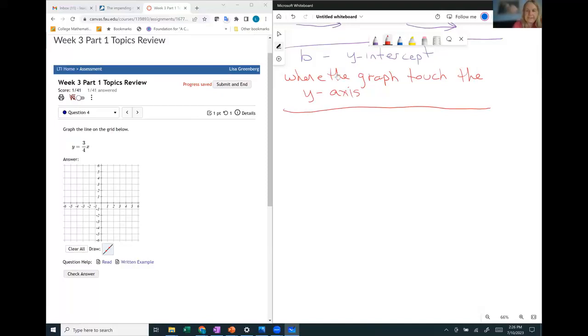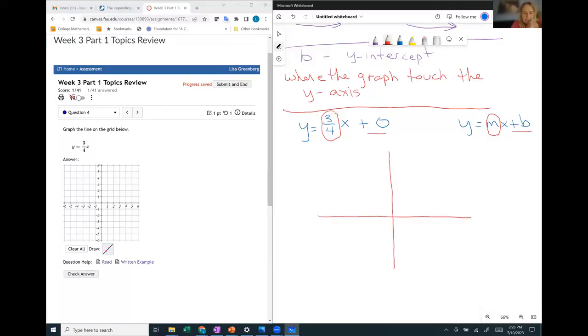For the question I have here, I have y equals 3/4 x plus 0, really. Because if everything is y equals mx plus b, then b must be 0. And here's my m. It's the number in front of the x.